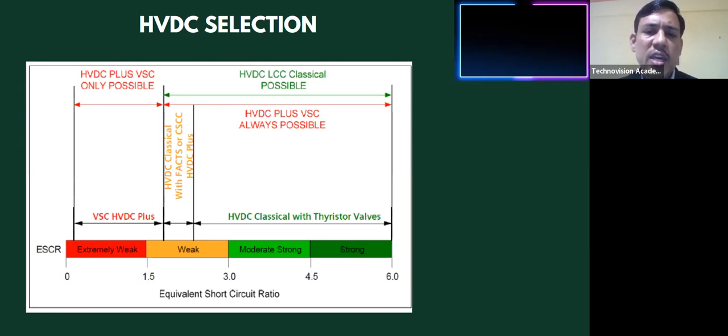If it is more than 3, there is no issue, we can go for current source converter based technology, or equal to 3, we can go for CCC HVDC. There are more options, but these factors should be calculated before selecting for the project.